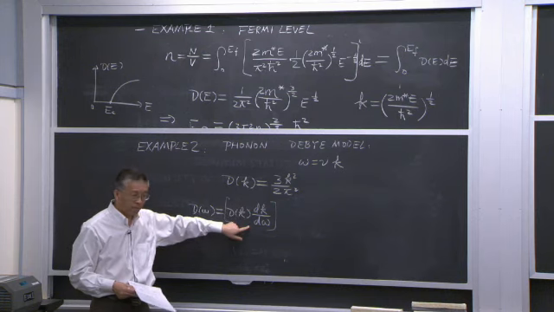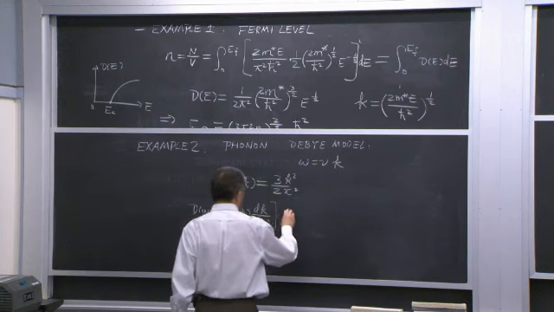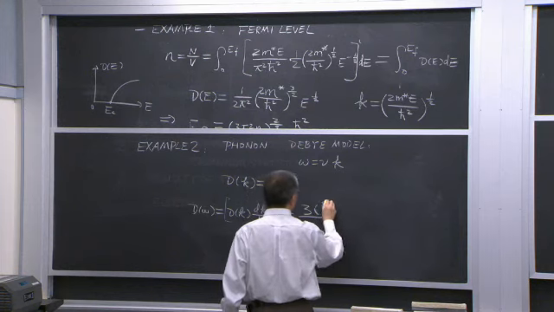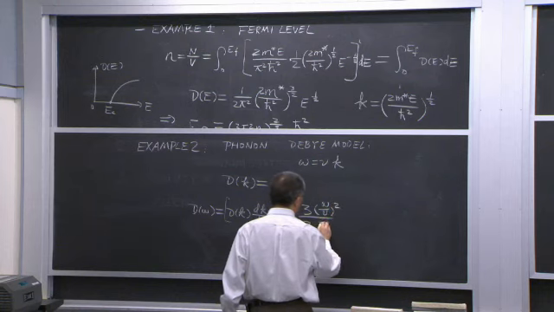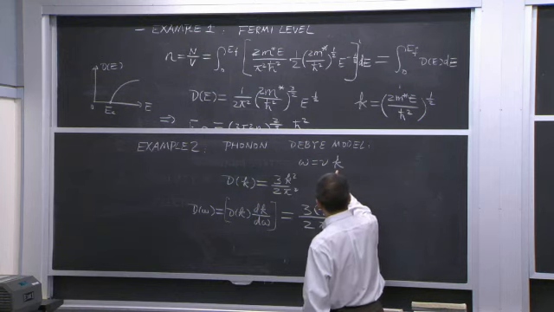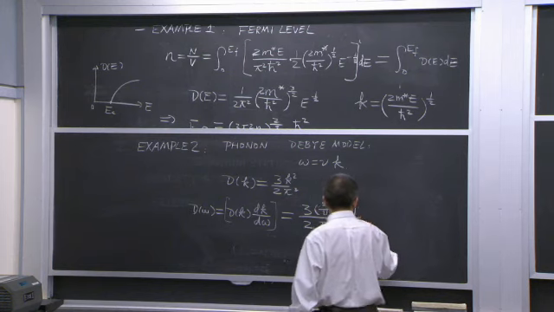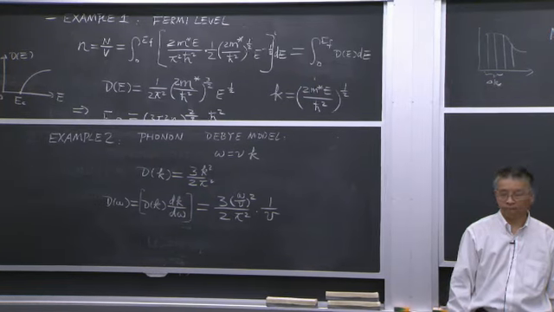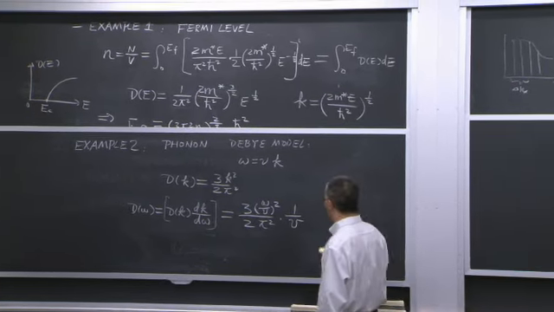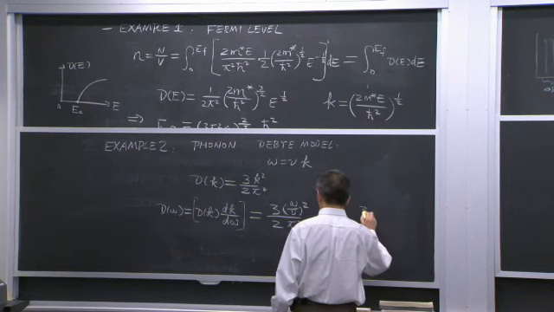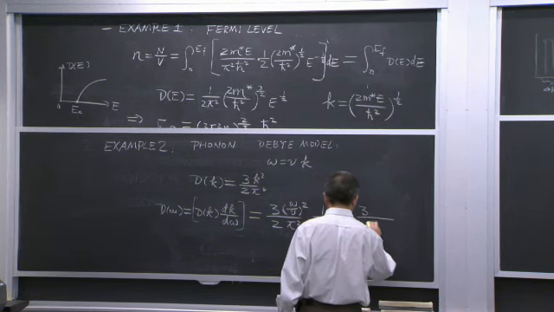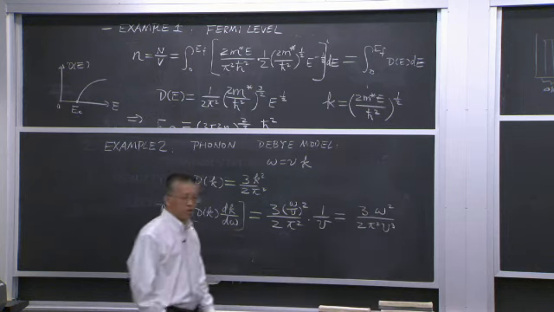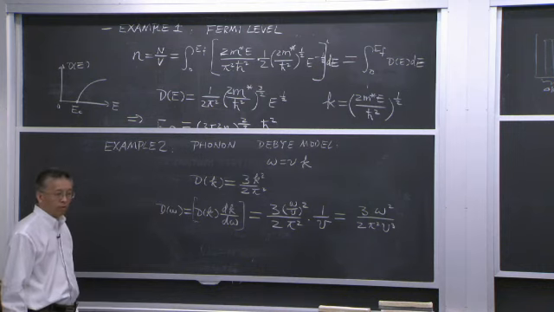So dk d omega: dk is 3/2, k is omega over v, squared, over pi squared, and dk d omega is 1 over v. With that, I will get 3/2 pi squared v cubed times omega squared. So this is the density of states for phonon.